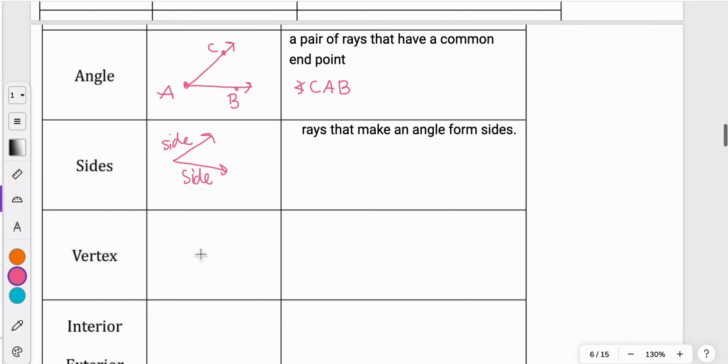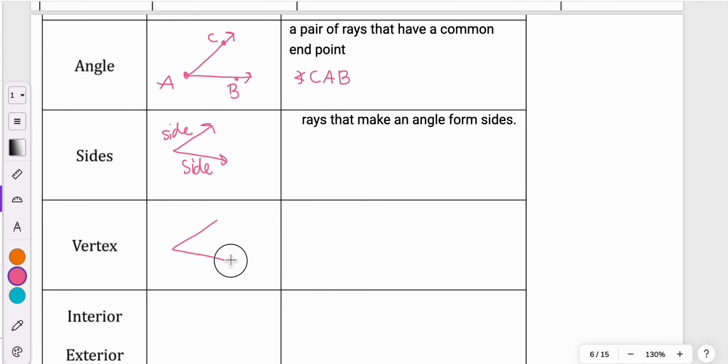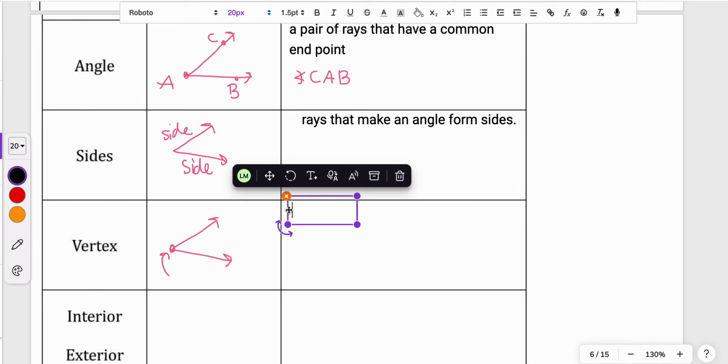Okay. A vertex is when you have your angle. I'm going to go and draw a picture first. The point where the angle comes together. So that definition will be a common endpoint of an angle.